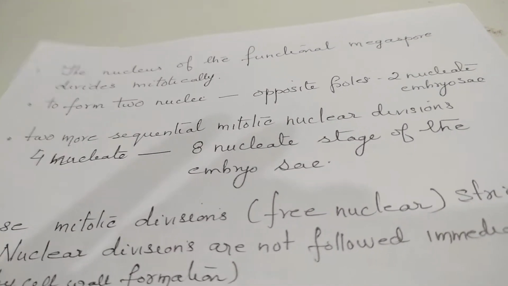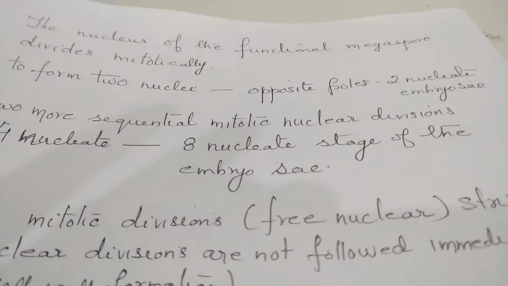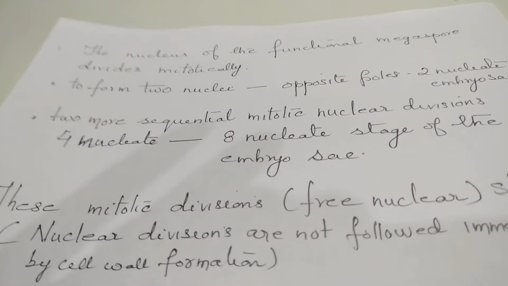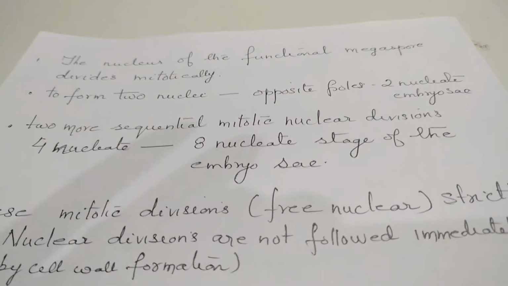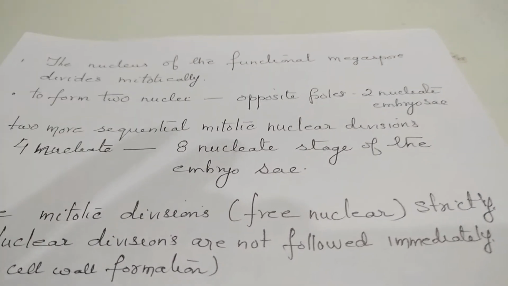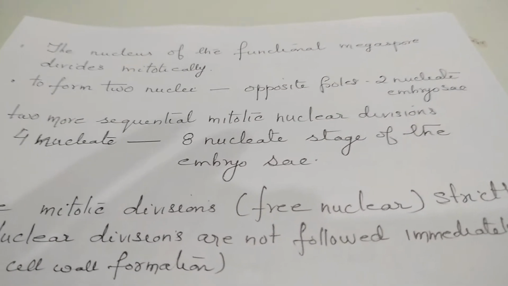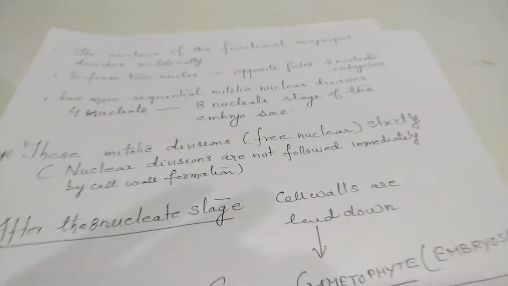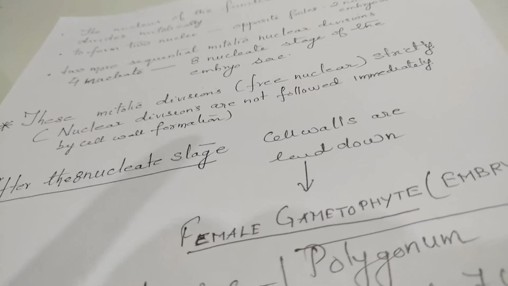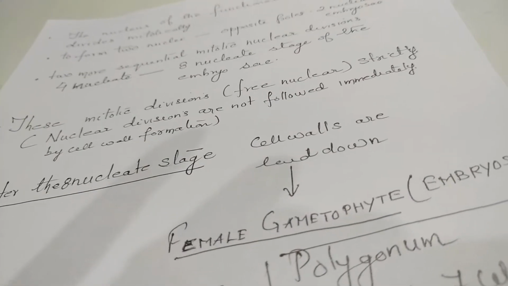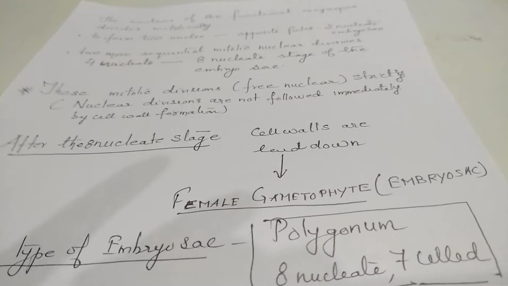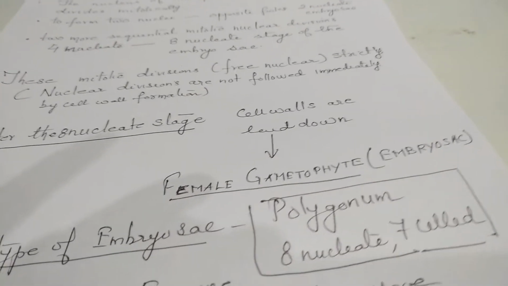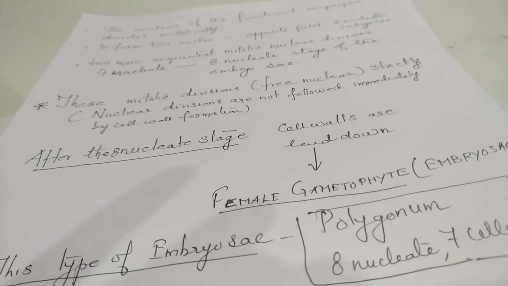After that, 2 more sequential mitotic nuclear divisions take place, and they result in the 4-nucleate condition and then the 8-nucleate stage of the embryo sac. These mitotic divisions are strictly free nuclear ones. That means the nuclear divisions are not followed immediately by cell wall formation.